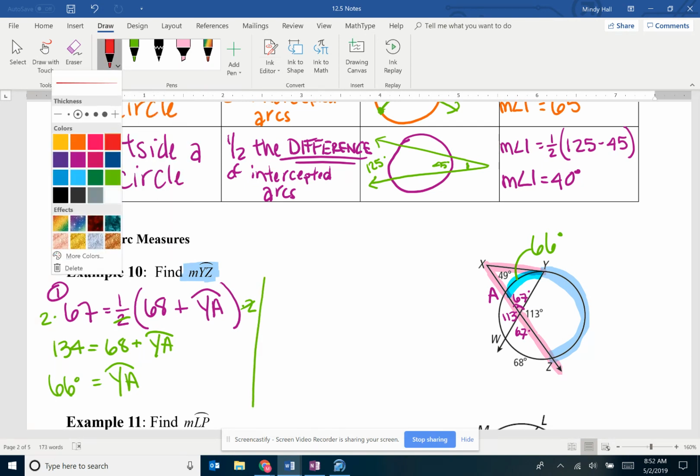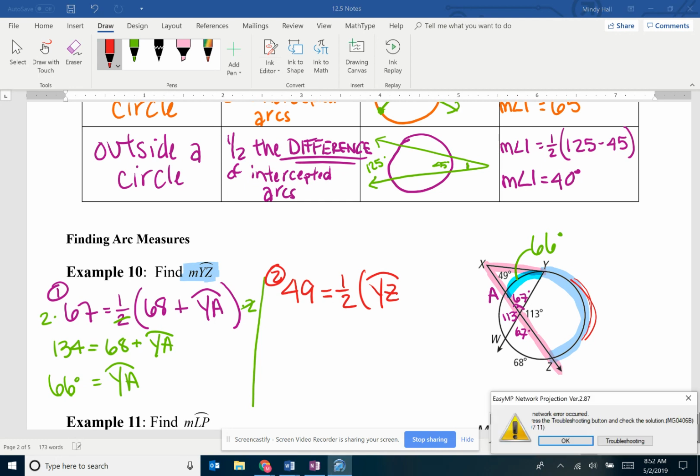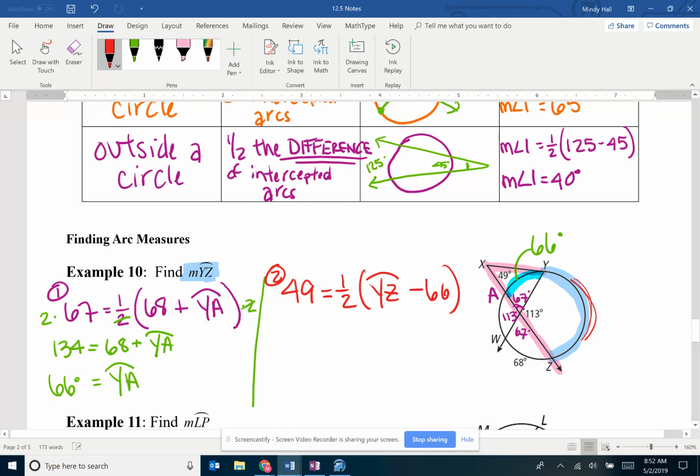Okay, so now, step 2, I know that because that angle is outside, I need to find the difference of my intercepted arcs. Because my periwinkle one, this one with the red, is the bigger one, I know that one's going to be first, so I'm just going to say arc YZ minus 66.